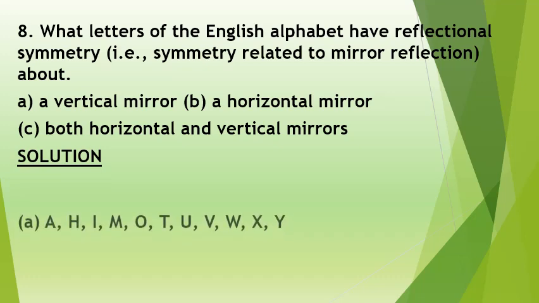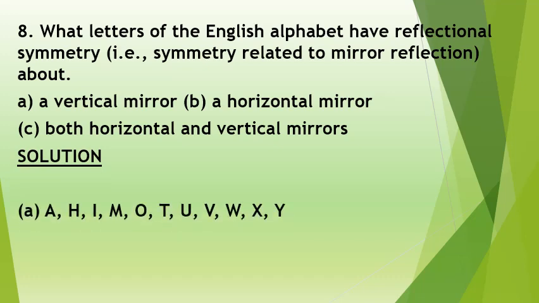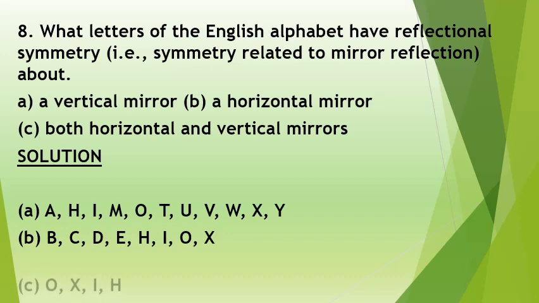So the vertical mirror reflection will have the letters A, H, I, M, O, T, U, V, W, X and Y. Similarly, horizontal mirror reflection will be there for the letters B, C, D, E, H, I, O, and X. Both horizontal and vertical mirror reflection will have the letters O, X, I, and H.